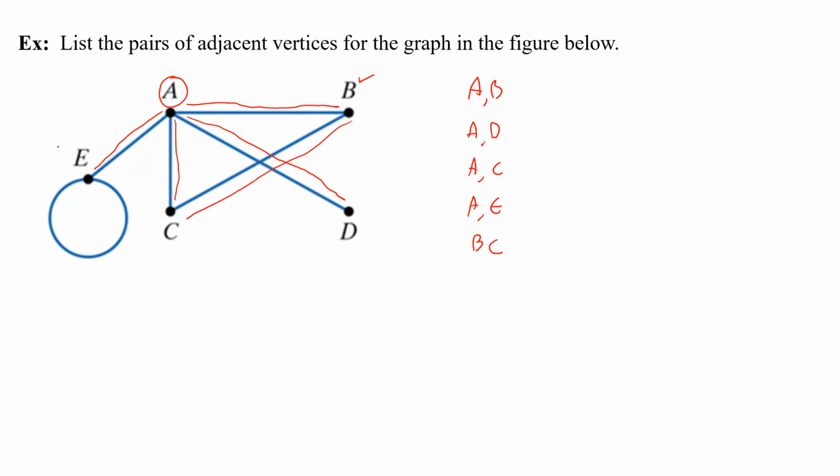The only one left now is E, and what we have left is this loop. We represent that as E, comma, E. Those are all the different pairs of adjacent vertices for the graph here. So we have, in this case, one, two, three, four, five, six different pairs of adjacent vertices for that graph.